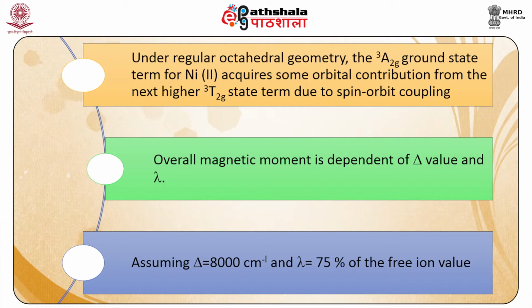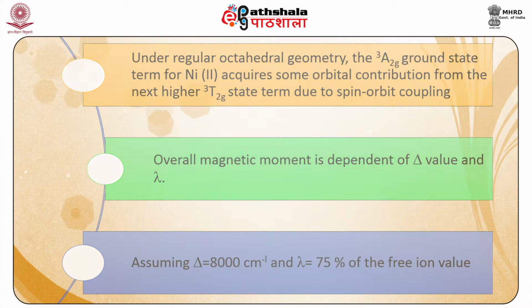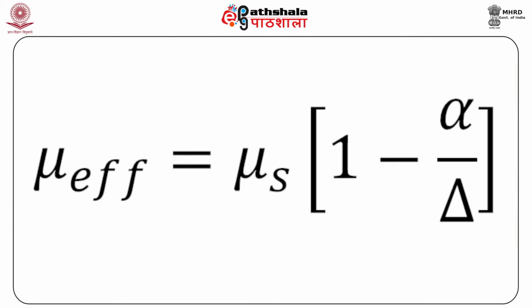The overall magnetic moment is dependent on delta value and lambda. Assuming delta is equal to 8000 centimeter inverse and lambda is equal to 75% of the free ion value, mu effective can be calculated by using the equation.